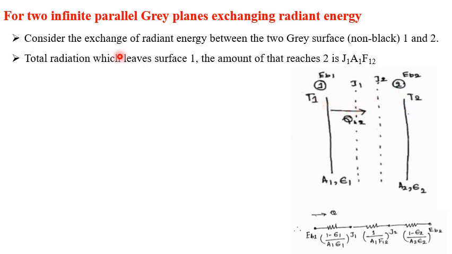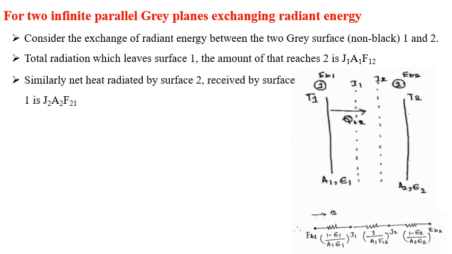So the total radiation which leaves surface 1 and reaches 2 is J1 A1 F1-2. Similarly, the net heat radiated by surface 2 and received by surface 1 is J2 A2 F2-1. Therefore the net heat exchange Q1-2 is equal to J1 A1 F1-2 minus J2 A2 F2-1. This is the net heat exchange from 1 to 2.